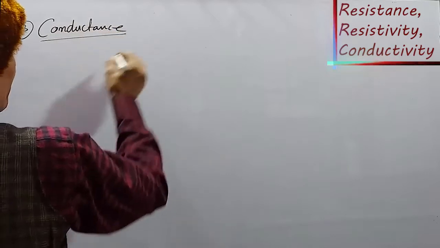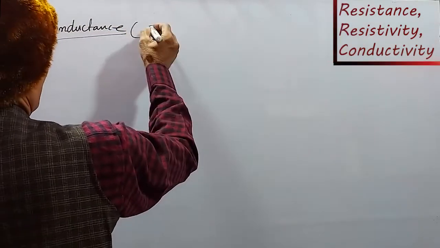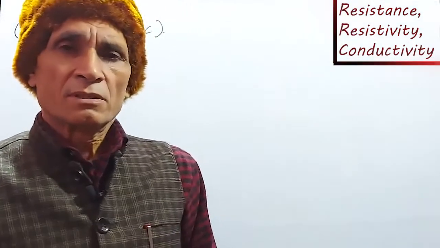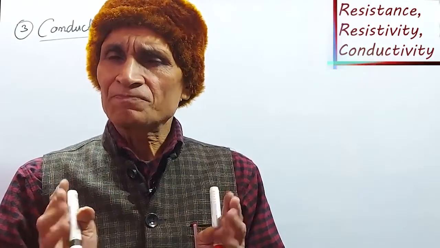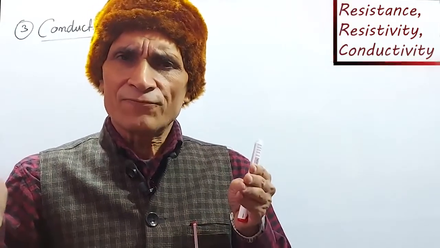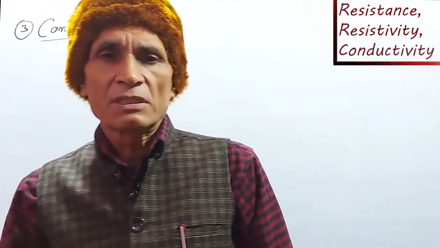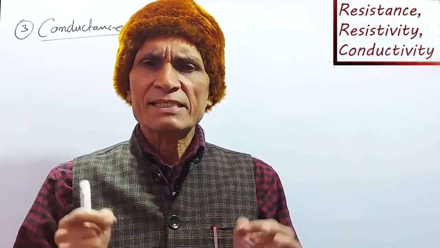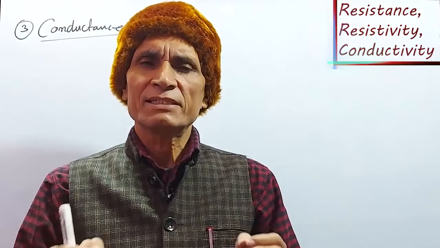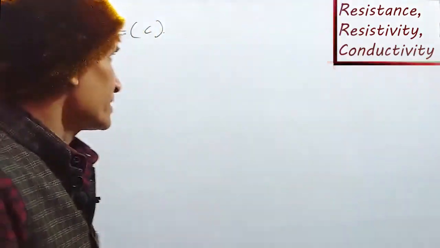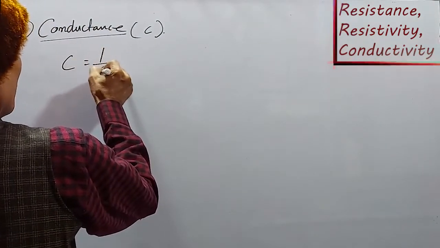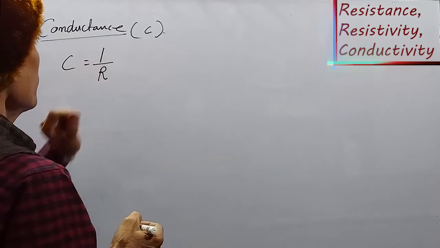Conductance represented by C. The ease with which current or electricity flows through the conductor is called conductance of that material. It is reciprocal of resistance or inverse of resistance. Let us see. Conductance equals reciprocal of resistance or inverse of resistance.